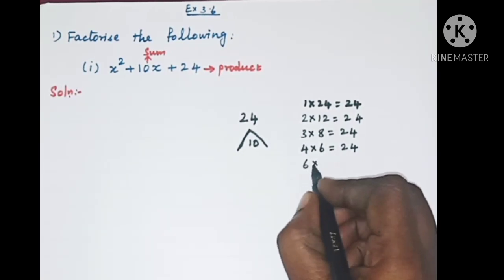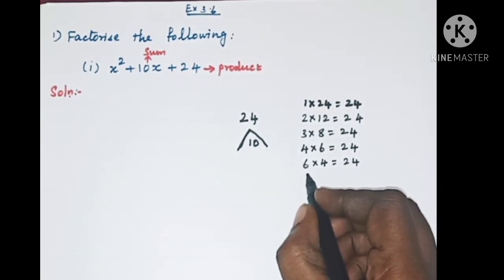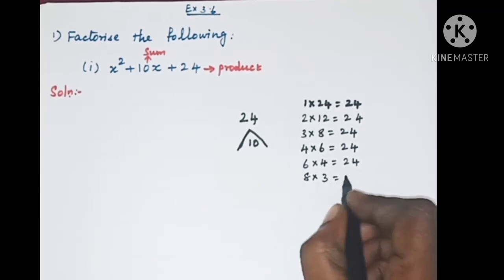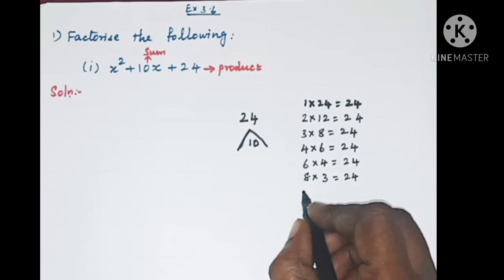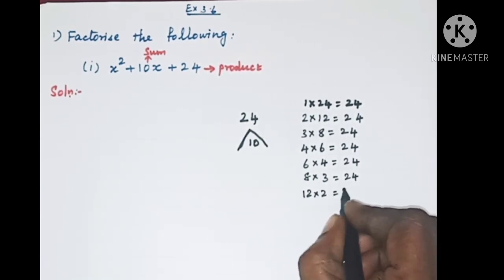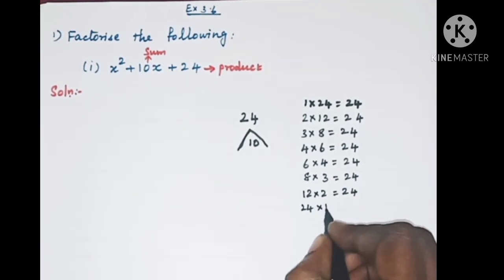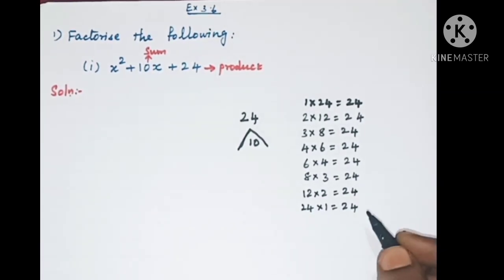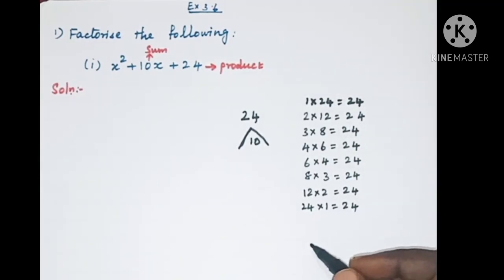Next 6 into 4 is equal to 24. Next is 8 into 3 is equal to 24. 8 3s are 24 and 12 2s are 24, and then 24 1s are 24. These are the factors of 24.